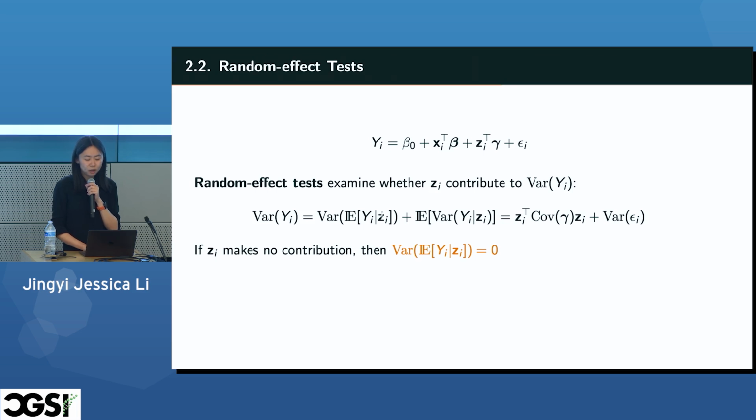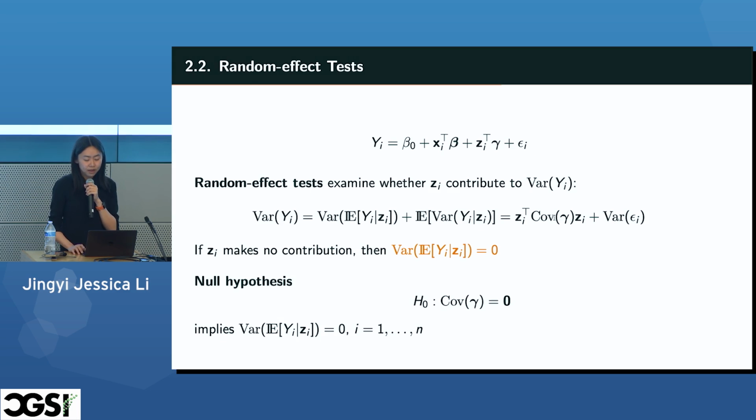One is based on the contribution of zi, one is based on the contribution of epsilon i. If we say zi makes no contribution to yi's variance, that is equivalent to saying the first term is 0. Then this translates to the null hypothesis that the covariance of gamma is 0. So you see, random effect tests talk about variance, fixed effect tests talk about mean.